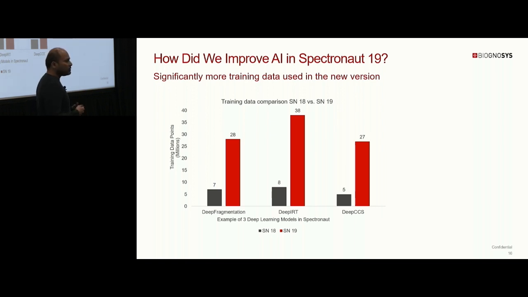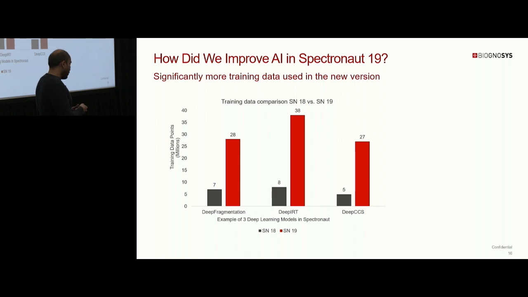Training data is usually a key part of having a powerful deep learning model, especially if you have high quality training data. So we spend a lot of time acquiring this data internally, but we also use public data whenever possible. The y-axis is in millions, and as you can see, we have a significant improvement, a 4 to 5-fold larger amount of training data for our models.